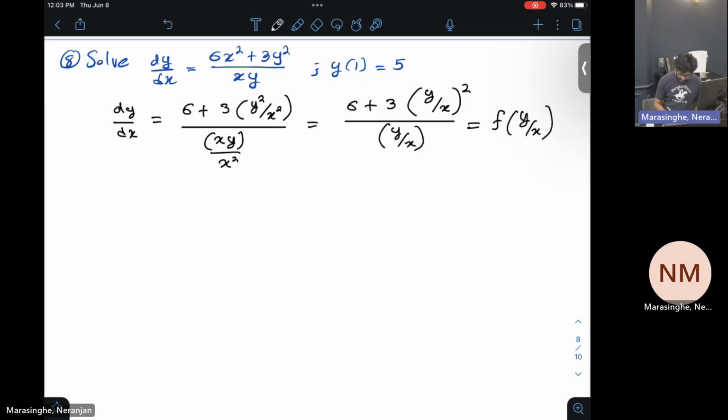What would be the suitable substitution? I'm going to substitute y equals ux. This is the substitution that I introduced yesterday.